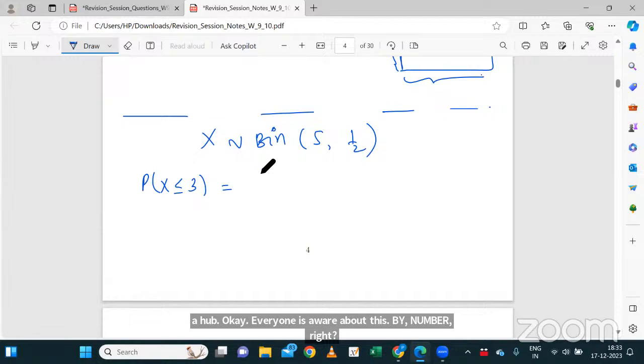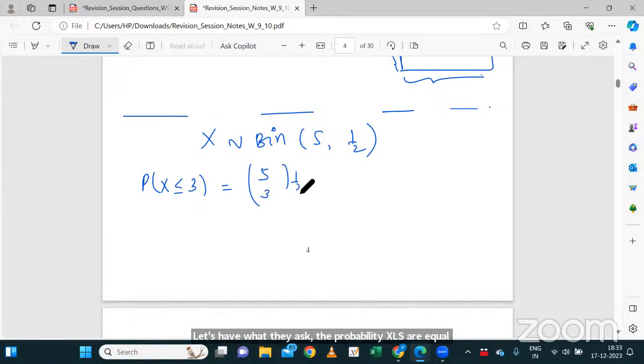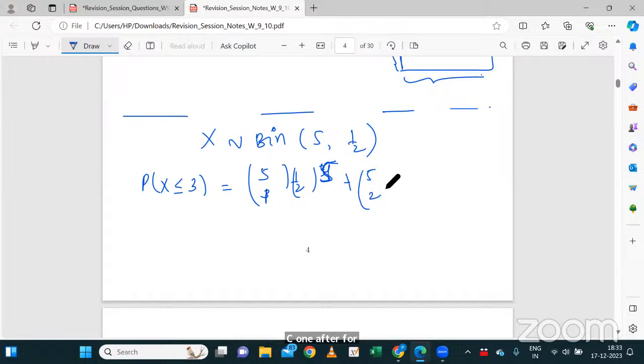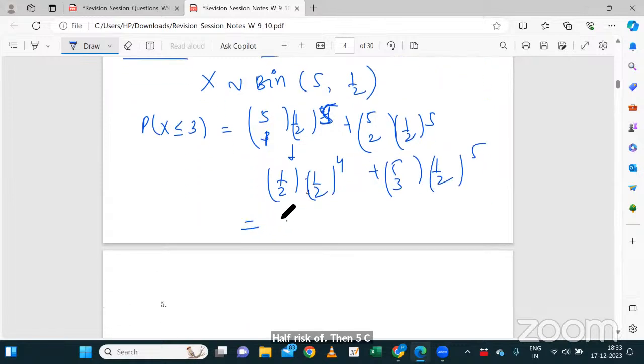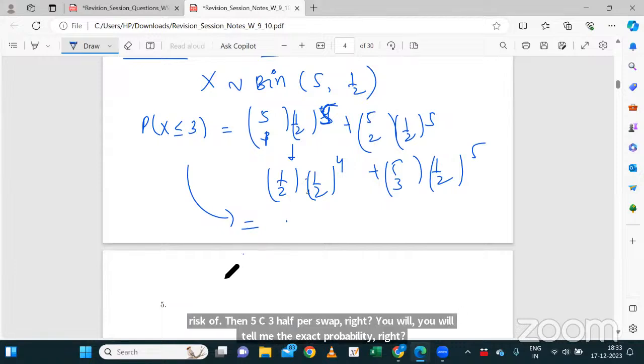You will calculate 5c0 half raised power 5, then 5c1 half raised power 5, then 5c2 half raised power 5, then 5c3 half raised power 5, right? You will calculate and tell me the exact probability, right?